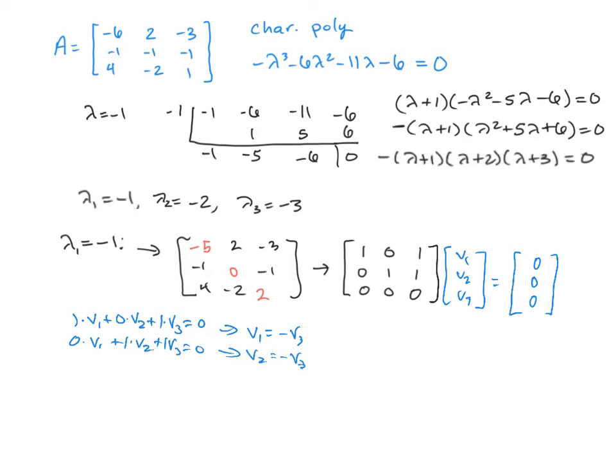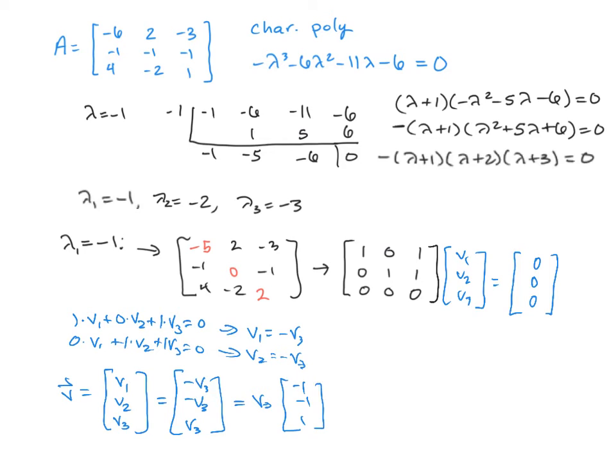So putting this back together again, our vector V with components V1, V2, V3 is equal to -V3, -V3, and V3. Factoring out the V3 gives us a -1, -1, +1 eigenvector corresponding to lambda1 equals -1.